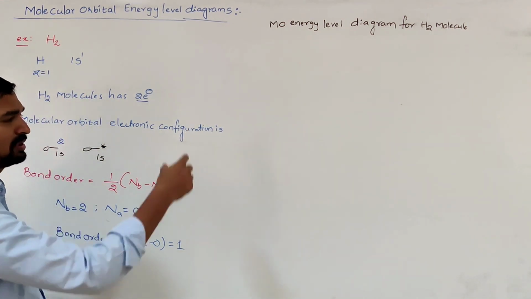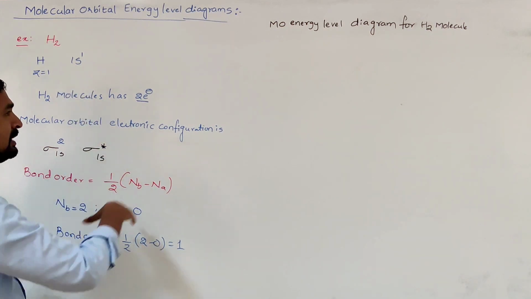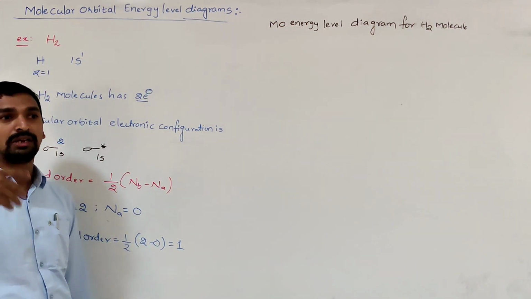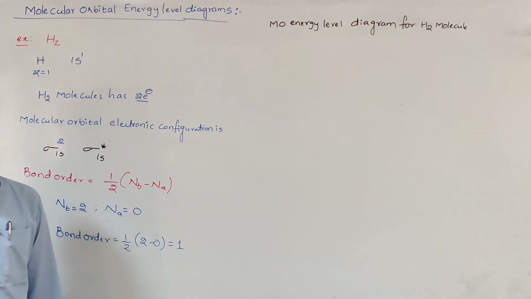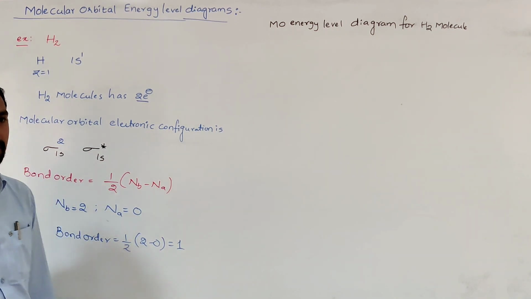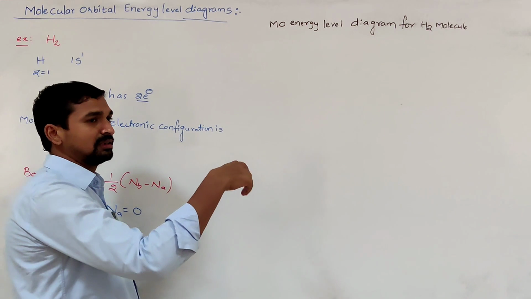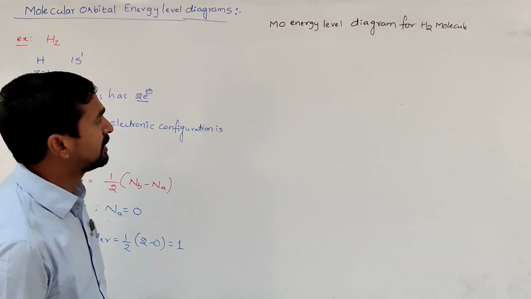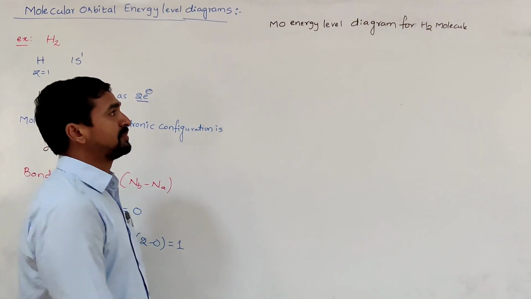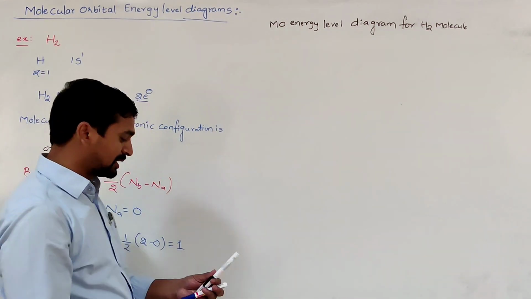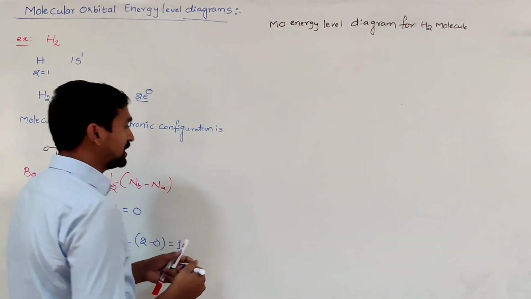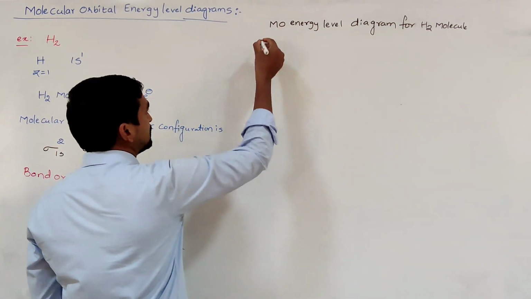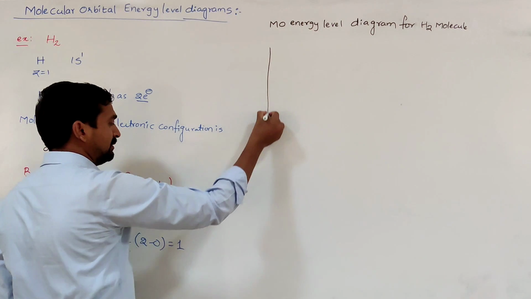Because it is a simple molecule, we can write mostly this content and that diagram in one page. But when it comes to molecules which have 10 or 14 or 12 or 16 electrons, definitely half a page is not sufficient to draw the molecular orbital energy level diagram. So in that case, you have to take a fresh page and draw that molecular orbital energy level diagram. So now, first you can draw this line.